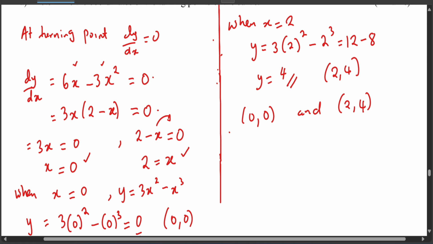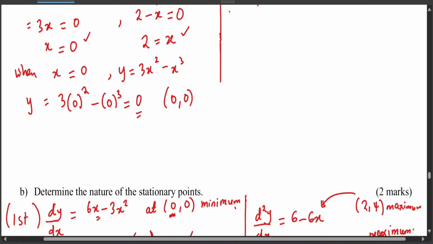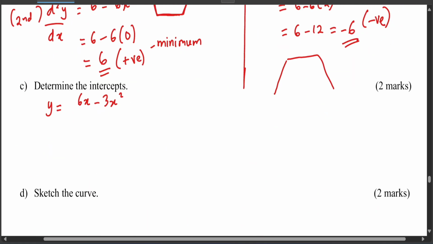So your y is 3x squared minus x cubed. So you usually take the first equation. So y equal to 3x squared minus x cubed. So yeah, basically yes, correct.